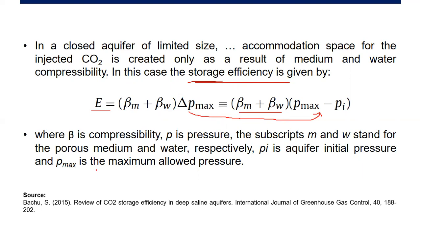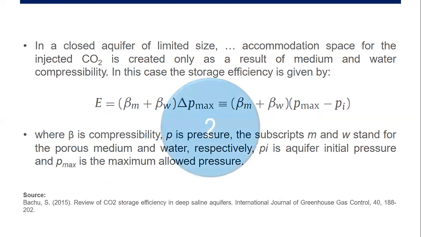Right, so you can see compressibility, especially in CO2 sequestration in deep saline aquifer, is very, very important, and it will determine the storage efficiency. So simply put, compressibility will have a very high significance on your storage efficiency. And if you want to read more, you can go to this paper. This is a very, very good paper, so you can go and read the paper.